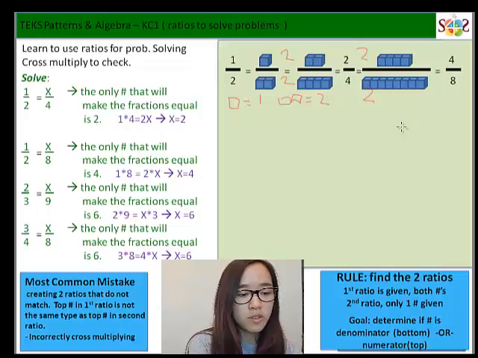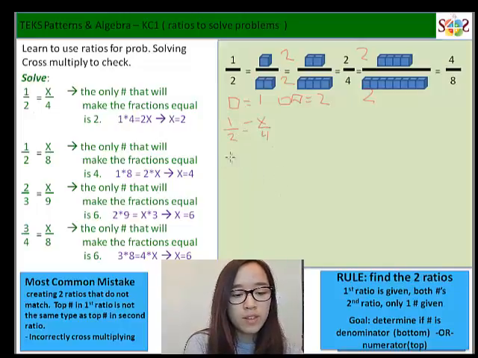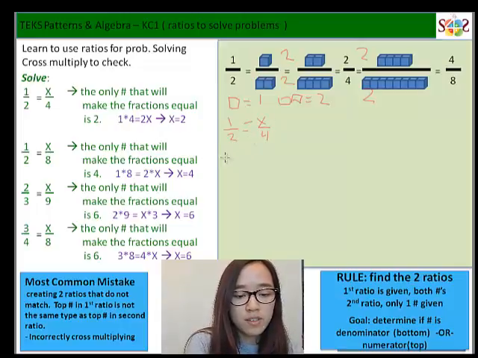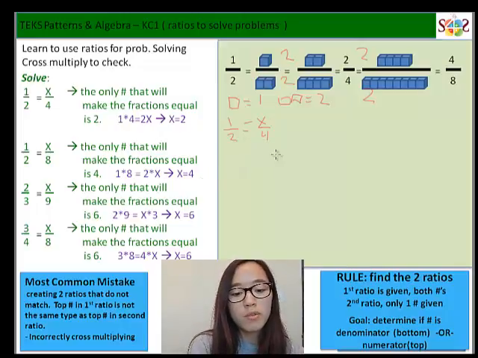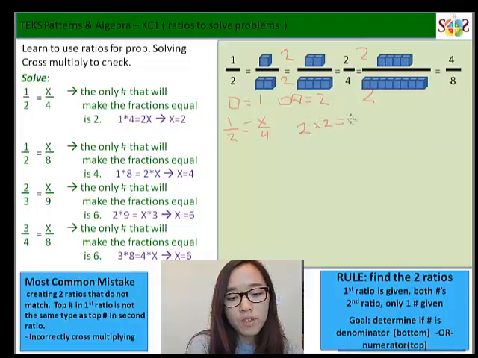So we're supposed to solve 1/2 equals x, our unknown, over 4. We have to find the factor that will help us find x. The denominators are different, but we know that 2 times 2 is 4, so 2 is our factor.